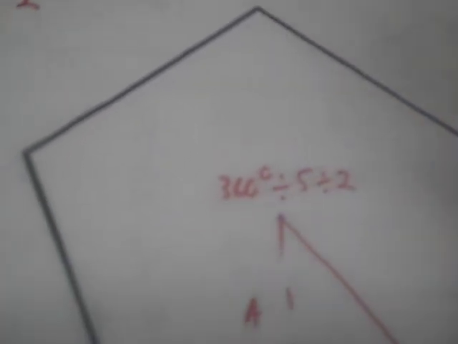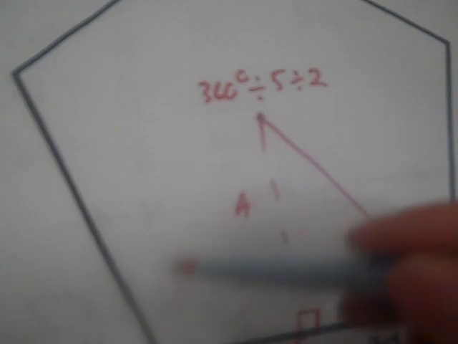So again, I take 360 degrees divided by the number of sides, but then you have to divide it by 2 because just dividing by 5 finds the angle for one of these. Well, then it's not a right triangle. So dividing by 5 is finding how many degrees would be in there, and then dividing by 2 cuts it in half. So 360 divided by 5 divided by 2 is 36 degrees.